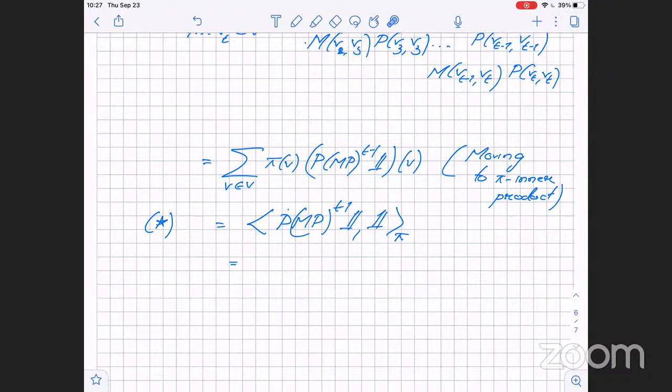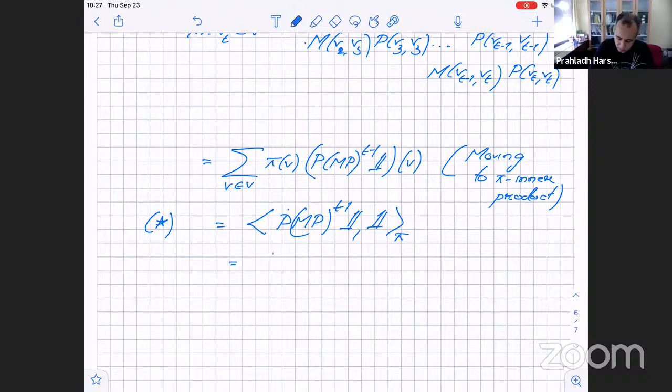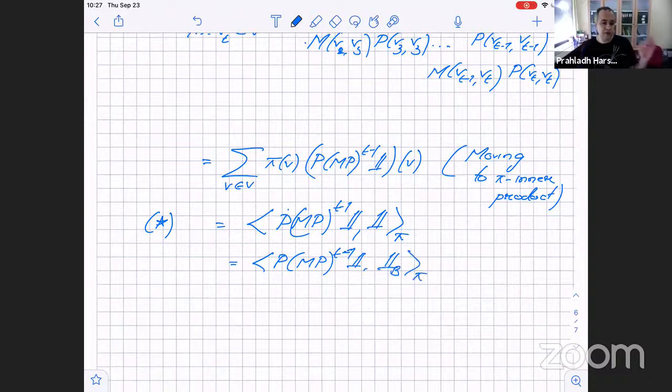Only in B. Therefore, whether I put this or 1B over here, this will not change, because the left argument of the inner product is supported only on B. Therefore, the right argument also I can put on 1B. I can zero out the other entries.